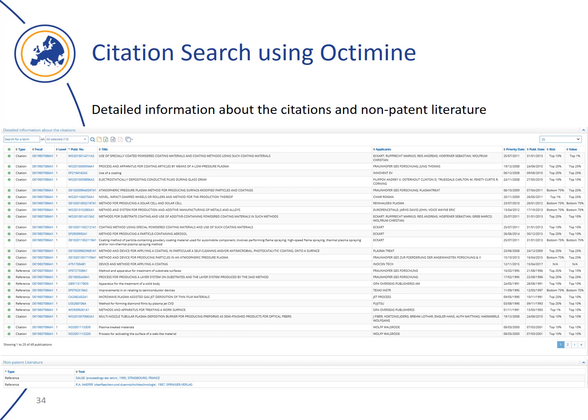Here you also have detailed information about the citations and non-patent literature. So also for the citation search, you get such lists. Here we have 49 publications, and on this page you have depicted the results 1 to 25, which are mostly of the type citation, but partly also of the type reference here.